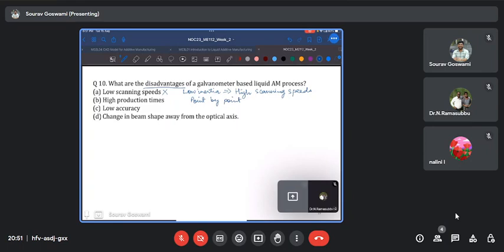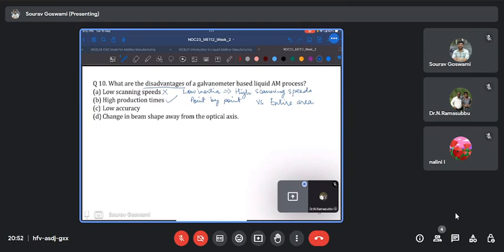Essentially these are very small areas, but compared to a floodlight which illuminates the entire region in a single go, this may be approximated as points only. So compared to a point by point scan, even if the scan is very fast, an area scan will always be faster because it is illuminating the entire surface all at once. So it is almost instantaneous. This very long production time is definitely a disadvantage of galvanometer based AM processes.